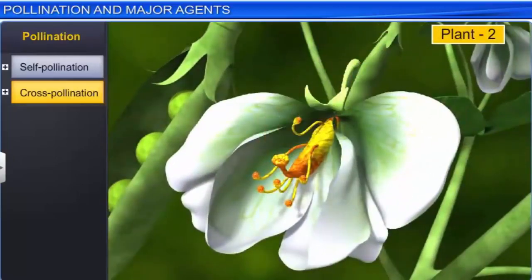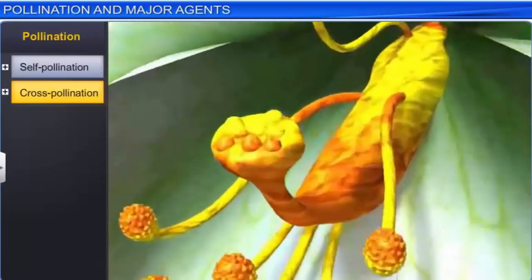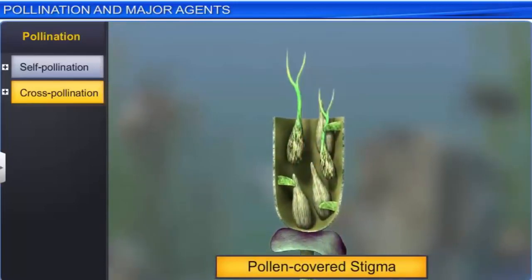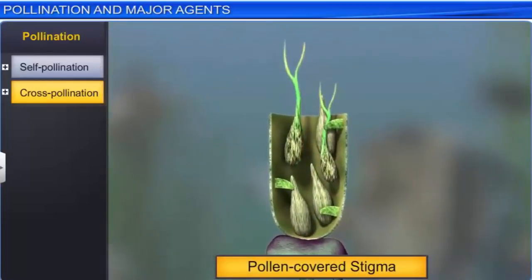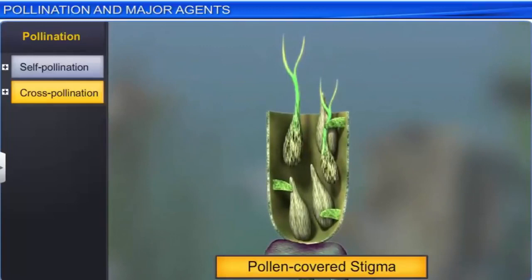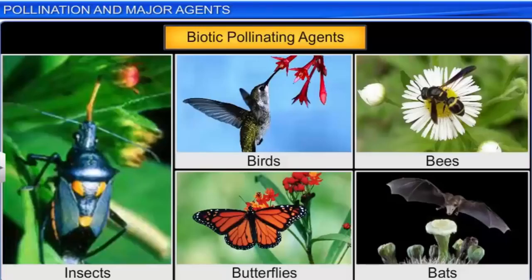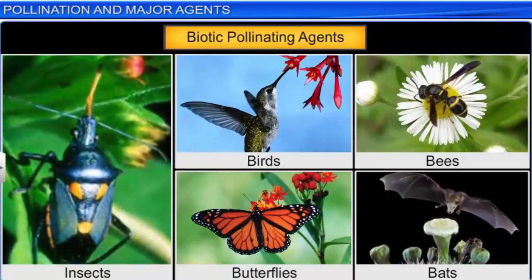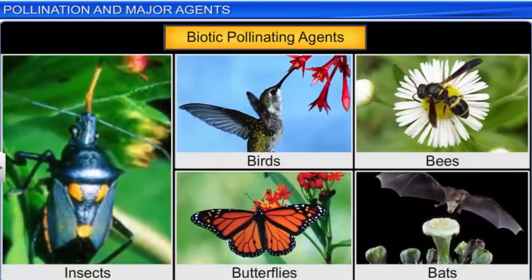This type of pollination is called xenogamy, or allogamy. Interestingly, xenogamy is the only type of pollination that brings genetically different types of pollen grains to the stigma. In both cross-pollination and self-pollination, pollinating agents play a vital role.